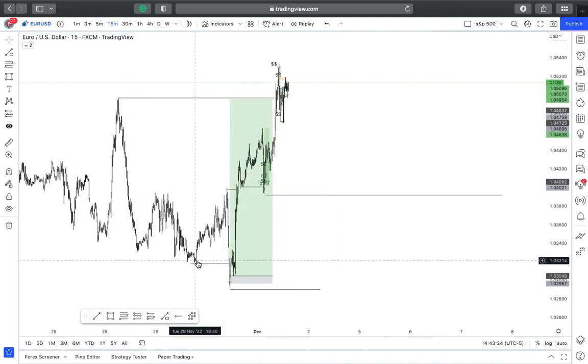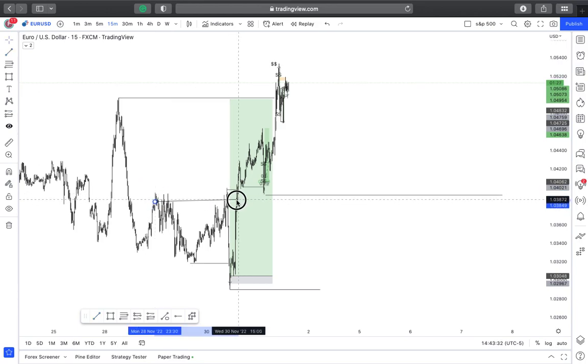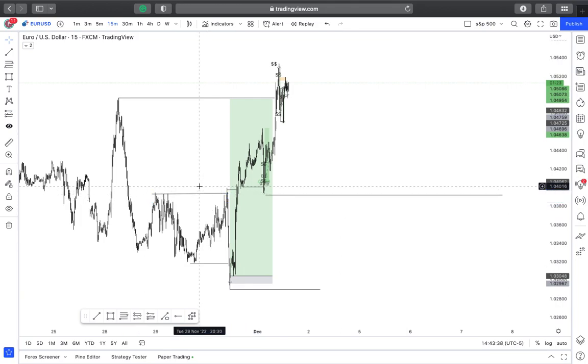We took the sell side liquidity, and the first entry was over here during the New York session. I actually had this entry and I shared this whole breakdown in yesterday's video. So this was the buy side liquidity, we cleared it.